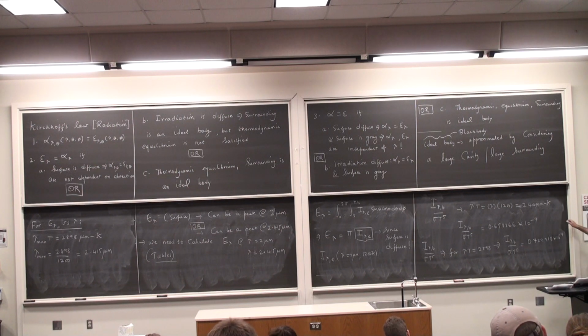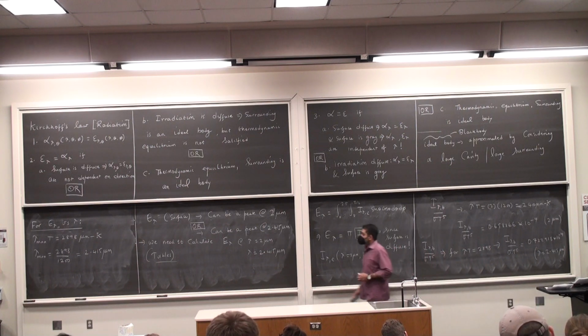So the first is at lambda equal to 2 micrometers, and this is at 2.415 micrometers. And mind you, these are for an ideal body. This is not for a real surface. For the real surface, it's going to be a fraction of this.